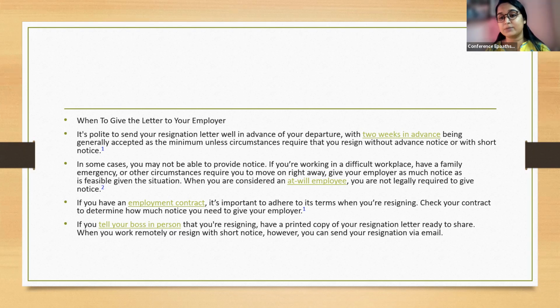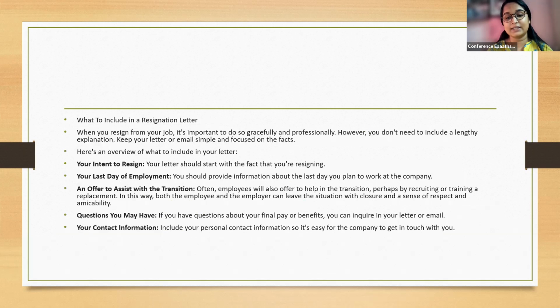You need to give the resignation letter in advance so that the company can arrange a replacement in your place. If it is an urgent situation, then you can give the letter instantly, but not other than that. And now you need to give the letter in printed format.